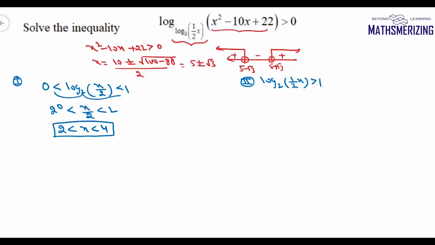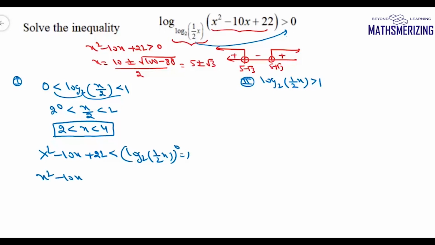Because the base lies between 0 and 1, it will be a decreasing function. So if I take antilog, the sign of the inequality will reverse. So I'll write x square minus 10x plus 22 is less than log 1 by 2x to the power 0, which is 1. So x square minus 10x plus 21 should be less than 0.